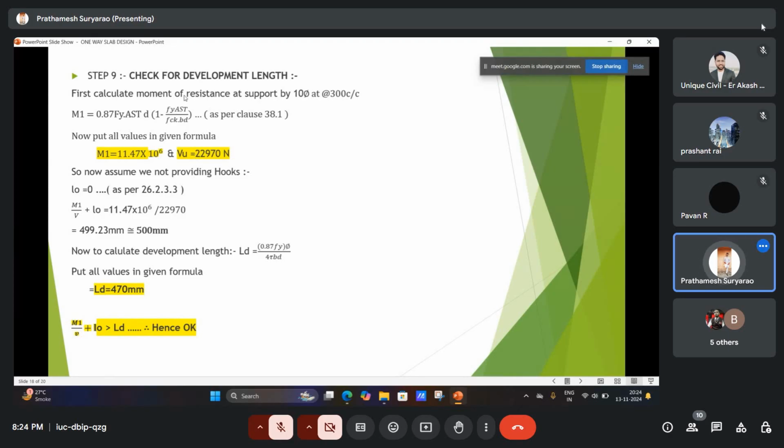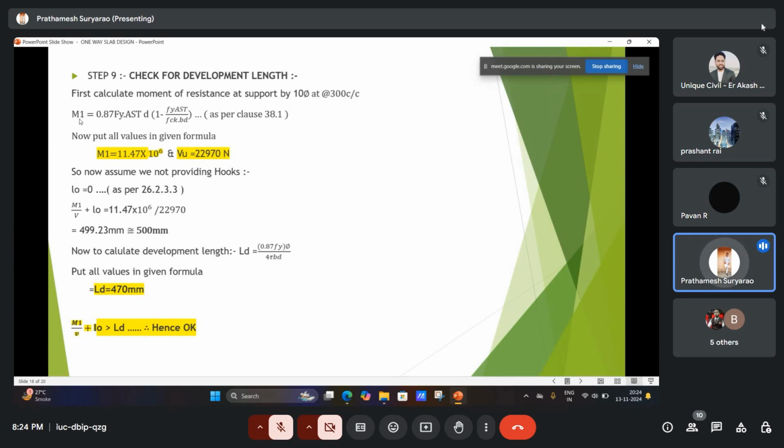So step 9, this is the last step for this design: check for the development. Here we have to calculate development. First calculate the moment of resistance at support by 10 mm dia at 300.